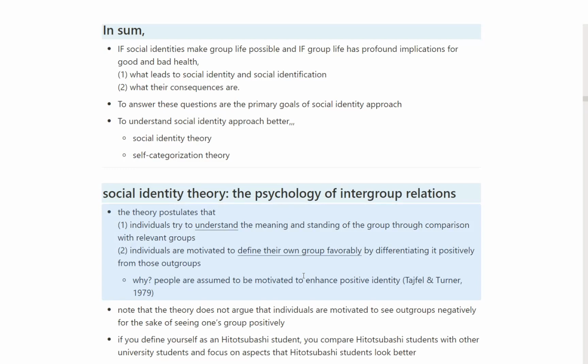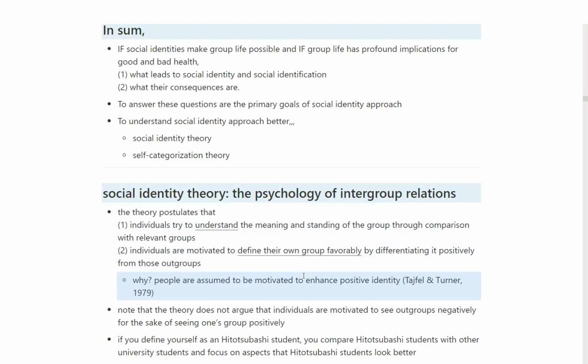And the second point is based on the assumption that people are motivated to enhance positive identity. So people are usually motivated to see themselves positively. They want to think that they are good, and even better than others.